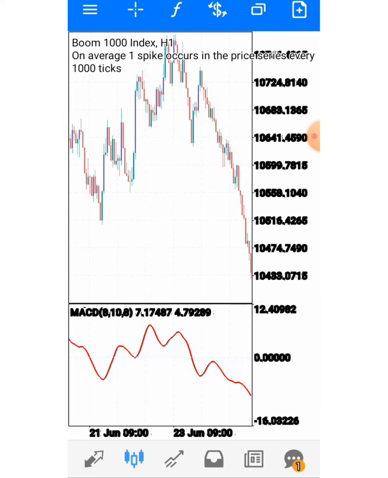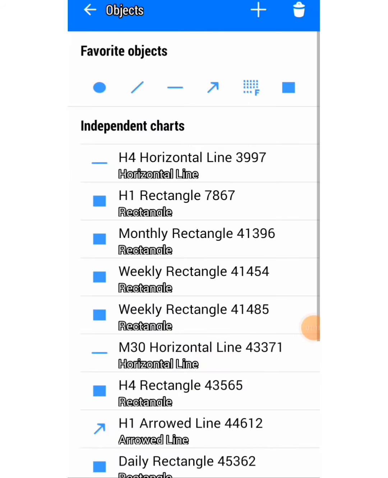So let's start. I can see here the price is making a higher high, and on this MACD indicator the price is making a lower low. So this is what I mean.